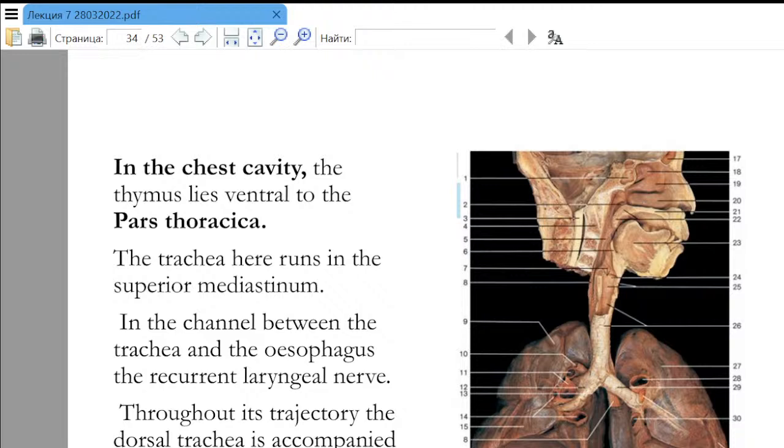Throughout its trajectory, the dorsal trachea is accompanied by the esophagus. You see the trachea and bronchi, right and left.